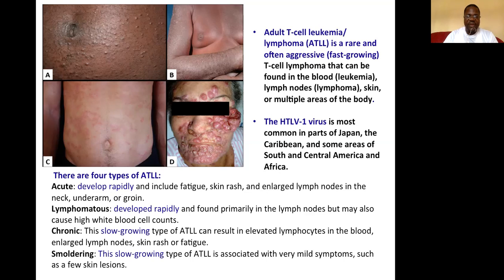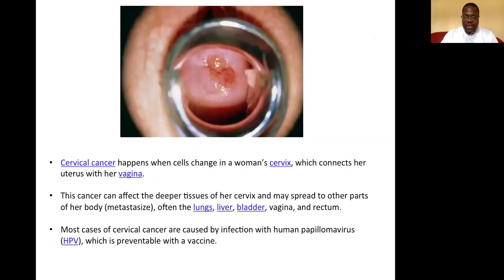Those 2 types, acute and lymphomatous, develop very rapidly, but the chronic type and the smoldering type are quite slow growing tumors. So those are associated with the virus that we call HTLV-1 virus.